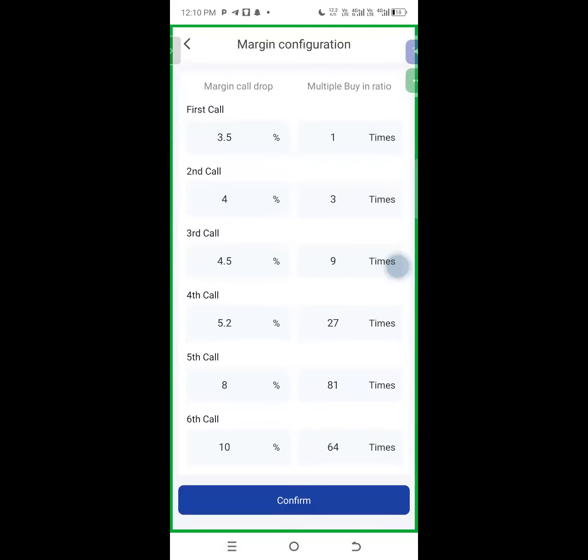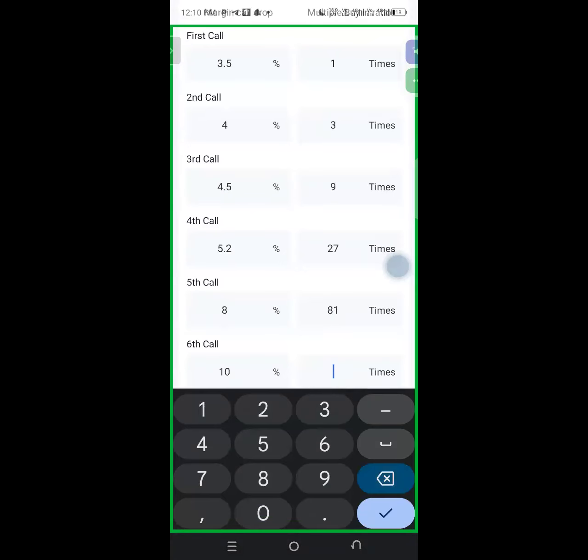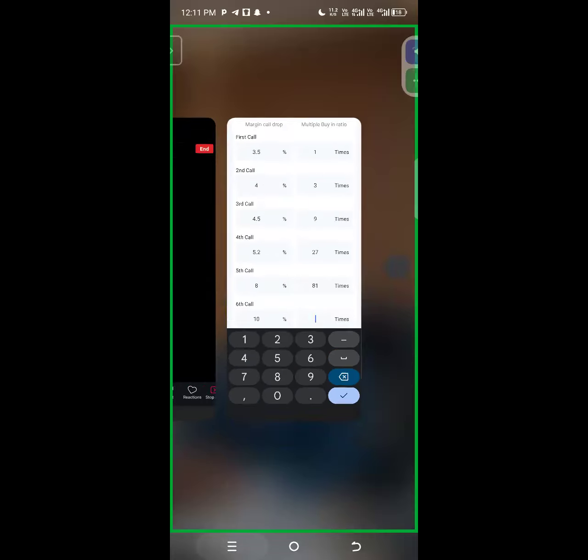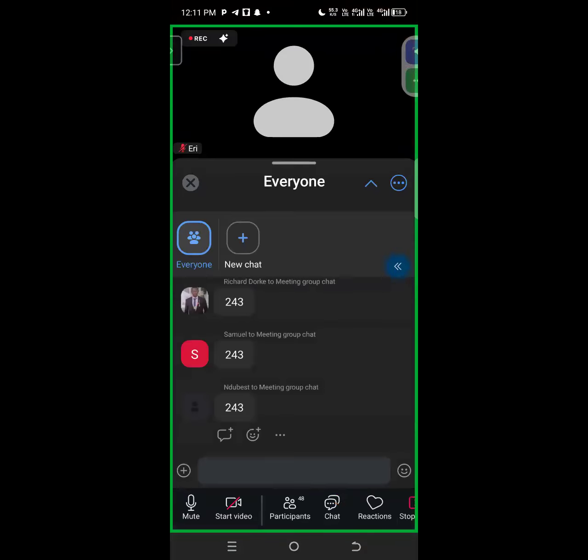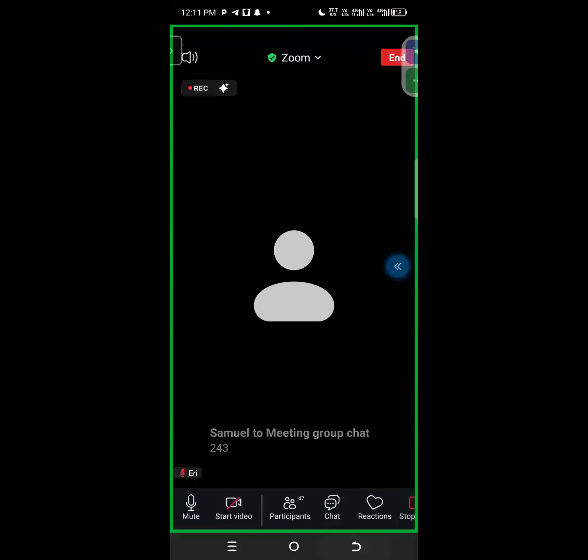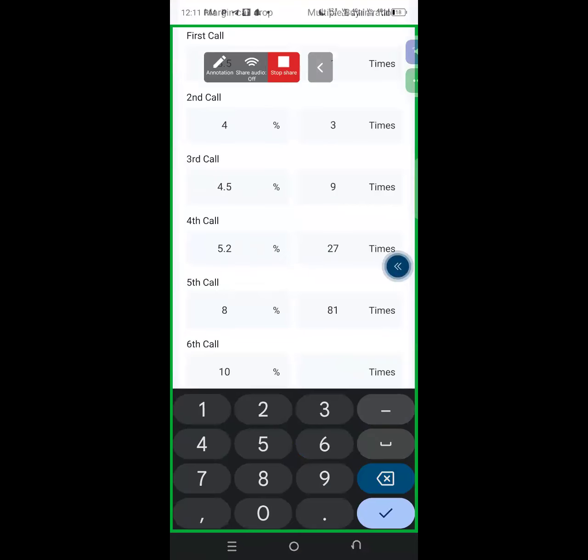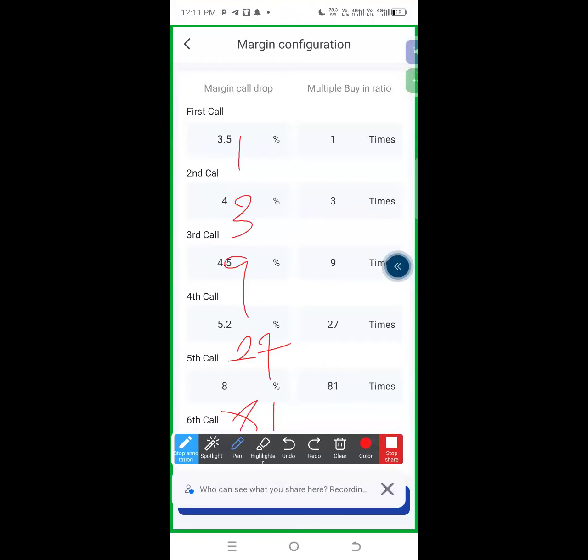So averagely, I'm using this over here. So 81 times 3 gives you how much? Let me see. 243.